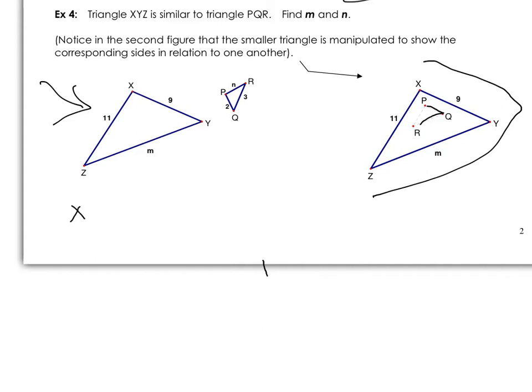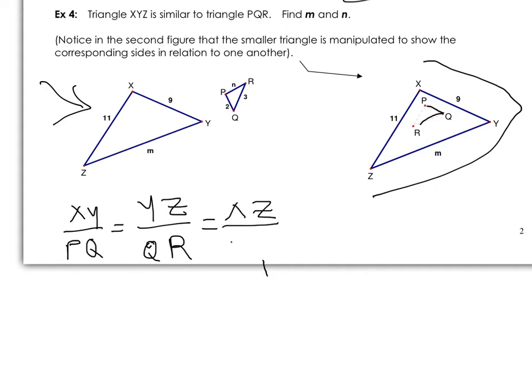So our proportions are xy is to pq as yz is to qr as xz is to pr. Did we do that right? All right, once we have that, let's just go ahead and put all the values in that we know.